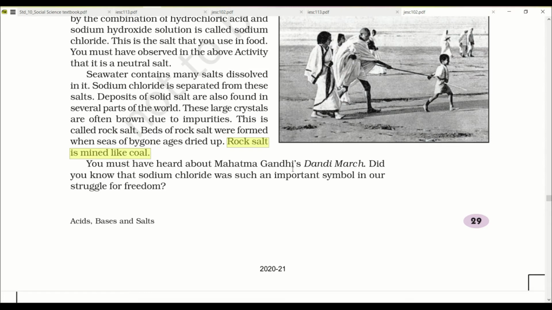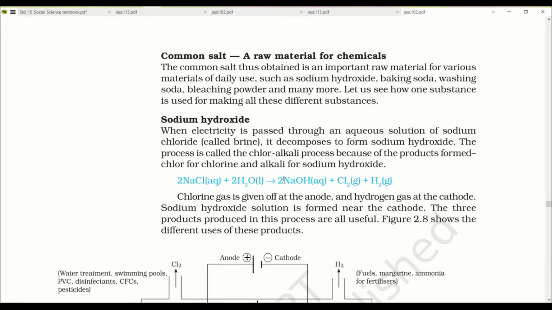You must have heard about Mahatma Gandhi's Dandi March. Did you know that sodium chloride was such an important symbol in our struggle for freedom? Let's study about common salt, the salt that we use in our kitchen. It is also a raw material for chemicals. As you know, in the kitchen, almost all things are added salt for taste.